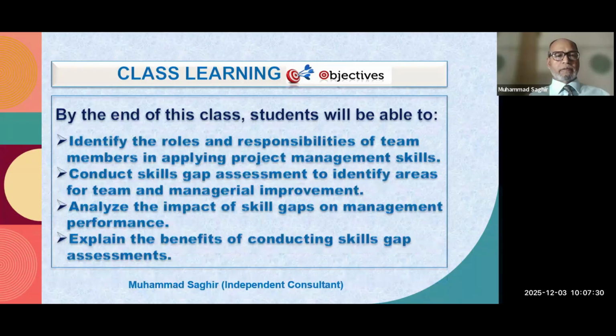And in addition to that, we would be able to identify the role and responsibilities of team members in applying project management skills, because we work with the team members and there are different roles and responsibilities.